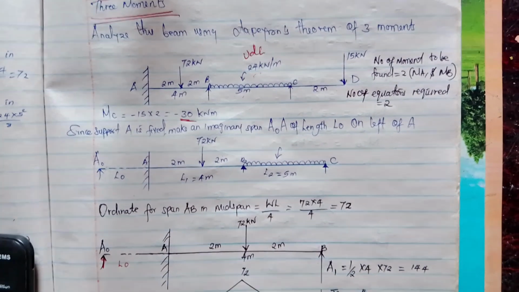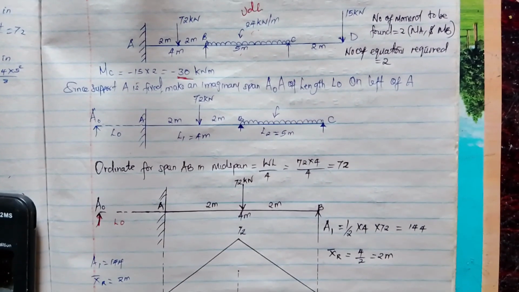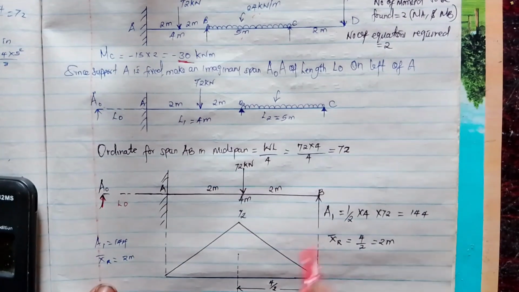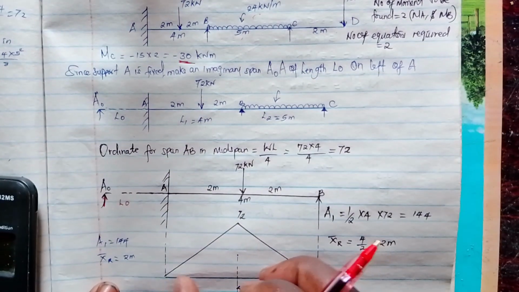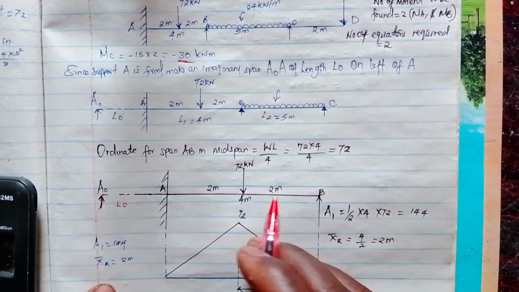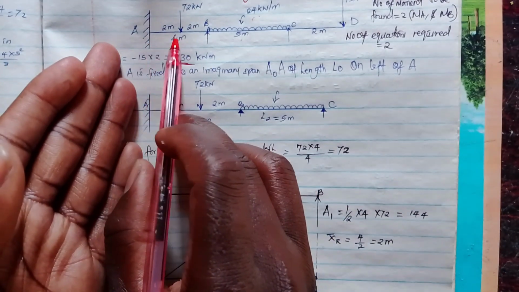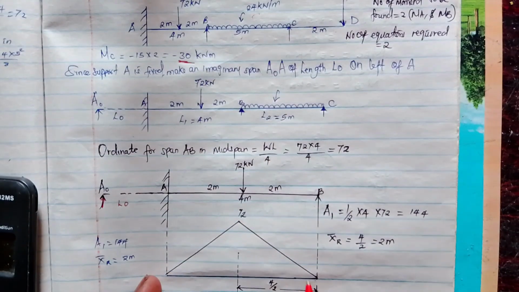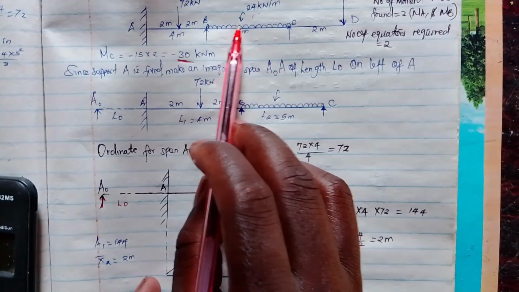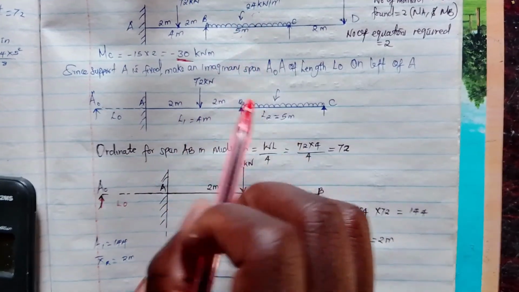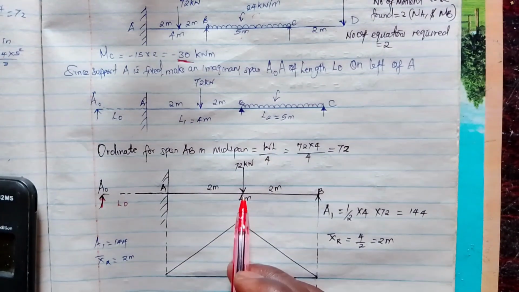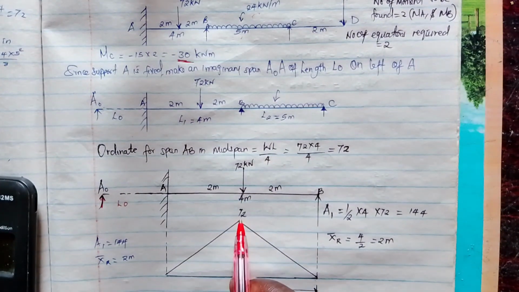So the first thing you do, you calculate the area. The area of this part will form a triangle in the moment diagram, when it is not ideal. So the base of the triangle is 4, and the height is 72.